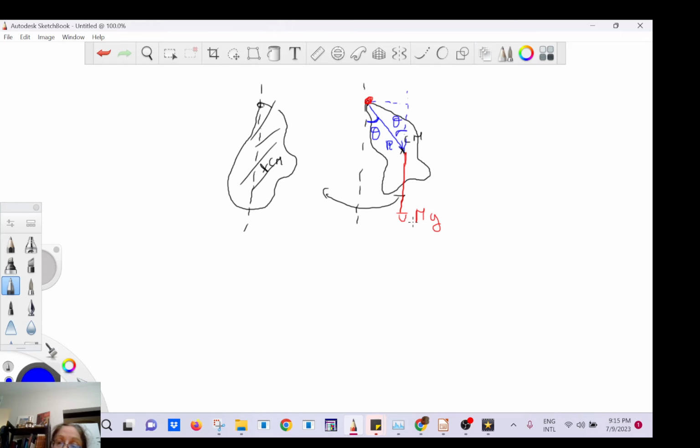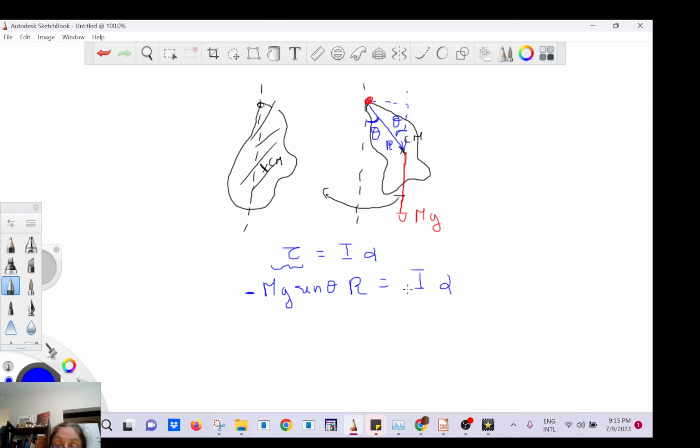So the torque applied by mg equals the moment of inertia times the angular acceleration. I'm going to call that alpha, the angular acceleration. The torque, I'm going to put a negative because it's a restoring force. So that's going to be mg sine theta, times the lever arm, which is r, equals I alpha.